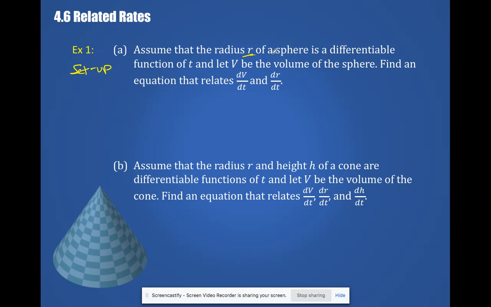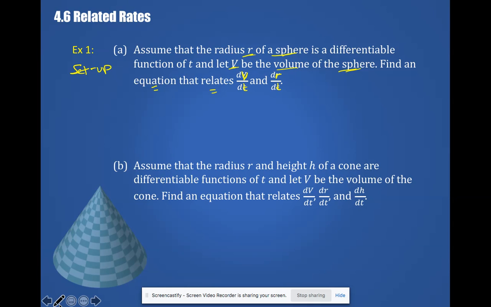So radius of sphere, volume of sphere. Find an equation that relates, relates means equals, right? Find an equation that relates the rate of change of the volume with the rate of change of the radius with respect to time.